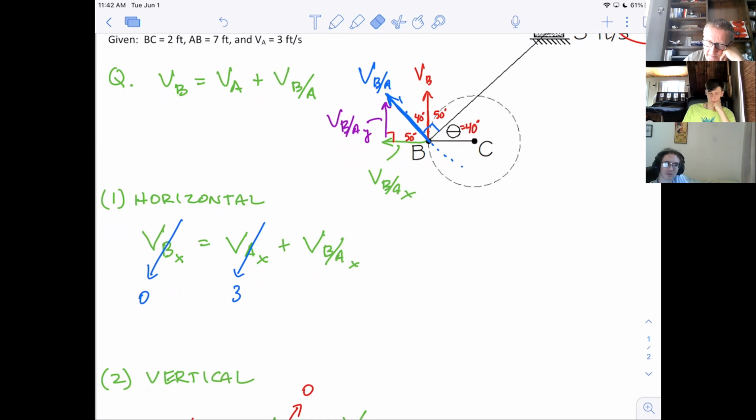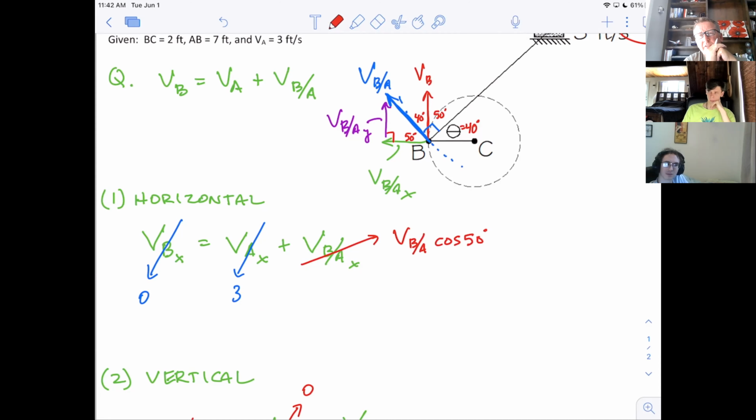Would you agree that, if that's the case, then another way to write this would be to say the velocity in the x direction would be the velocity of B with respect to A modified by the cosine of 50 degrees.